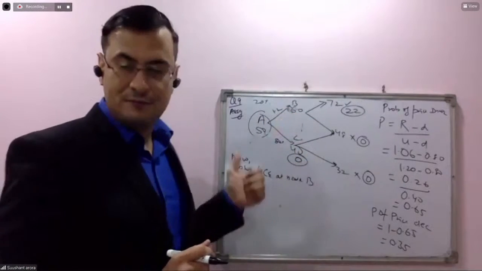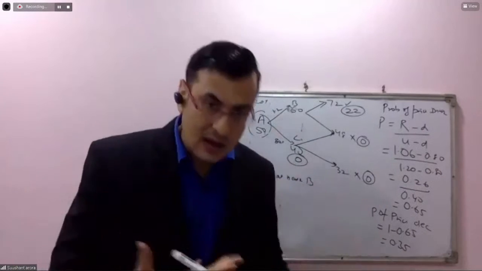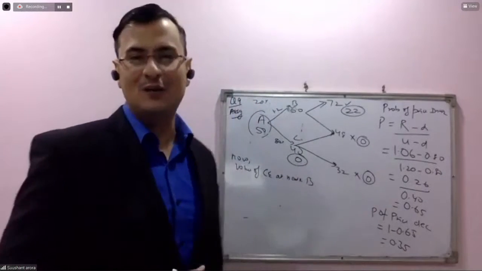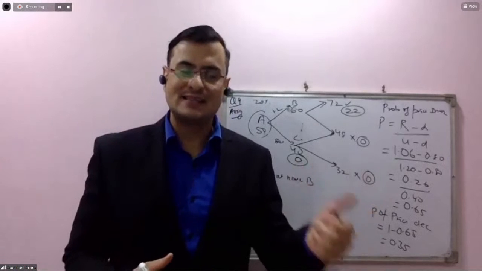Okay, so see the formula very carefully. Write it down in your heart. Make a tattoo and write it down, because this same formula you will be using in the risk neutral method as well.